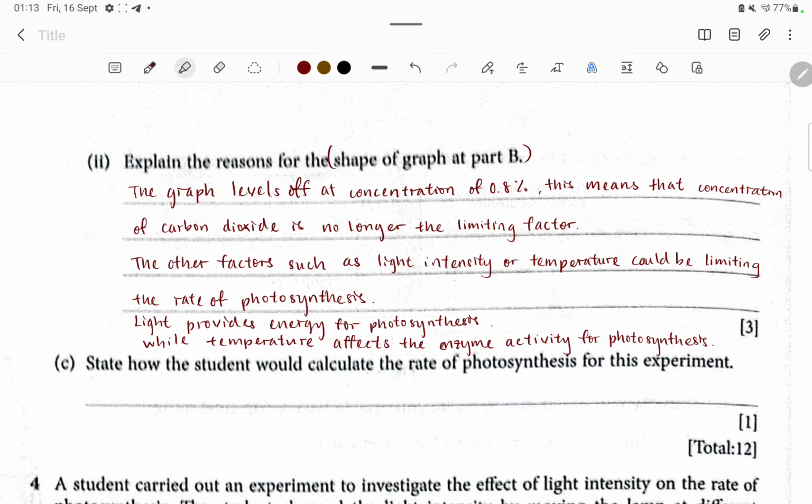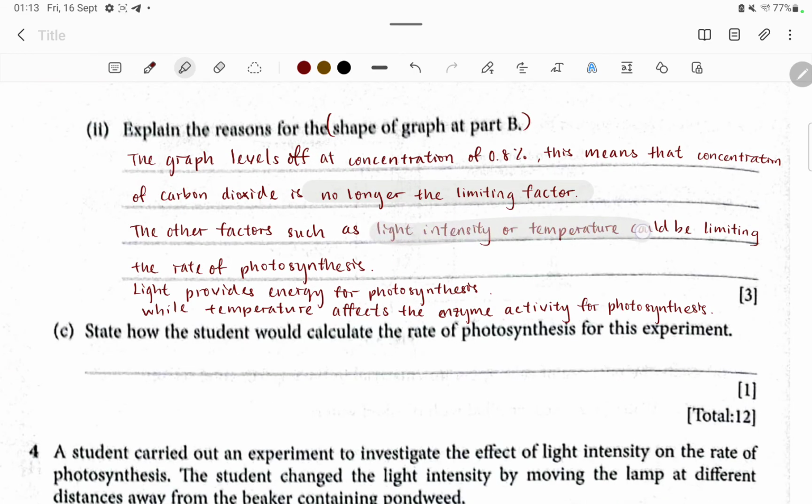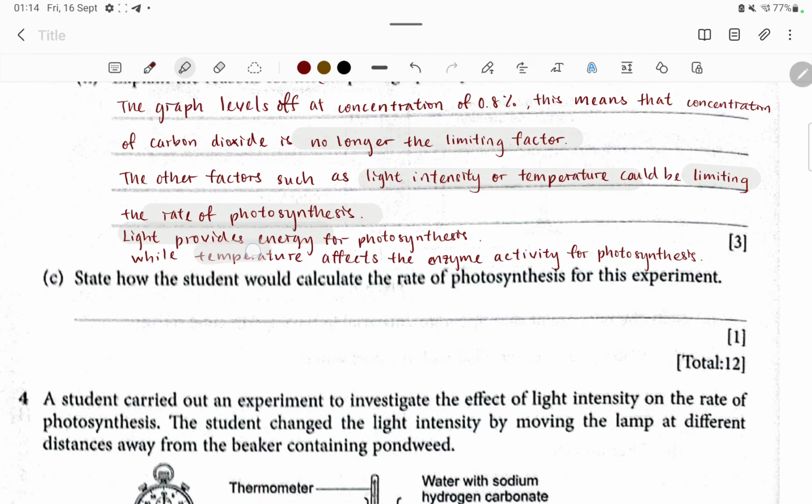Okay, so this one no longer a limiting factor, this one must write. And then what factors, light intensity or temperature, could be limiting rate of photosynthesis? This one is second mark. And then after that, third mark, you explain one of them enough already. But since we are practicing, we write as many points as possible. So light actually provides energy, temperature affects the enzyme activity.